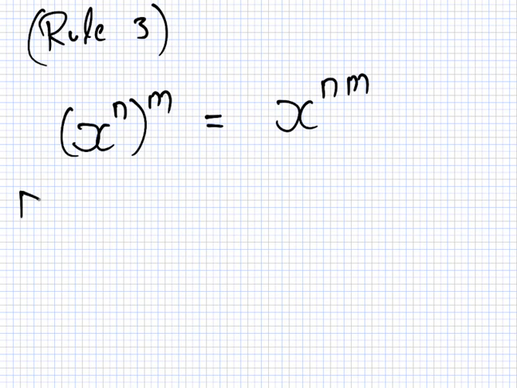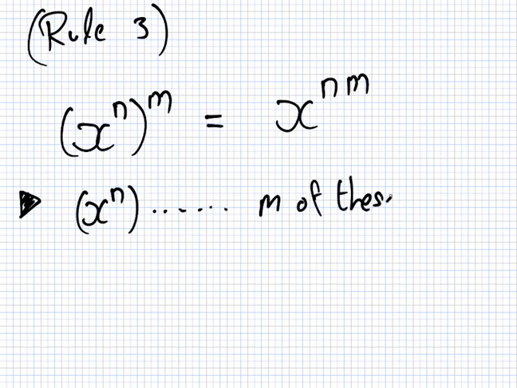And the proof is not so difficult as well. We have x^n. And how many of these do we have? We have m of these. M of them, okay, m of x^n's.